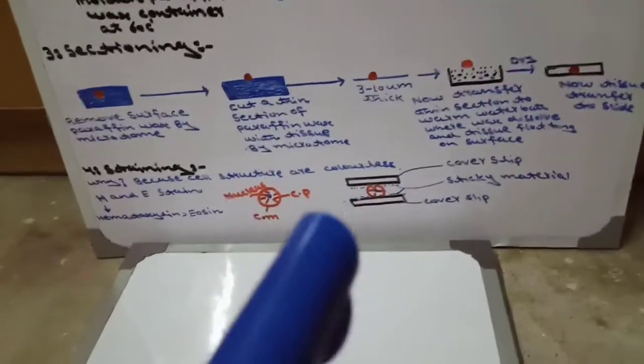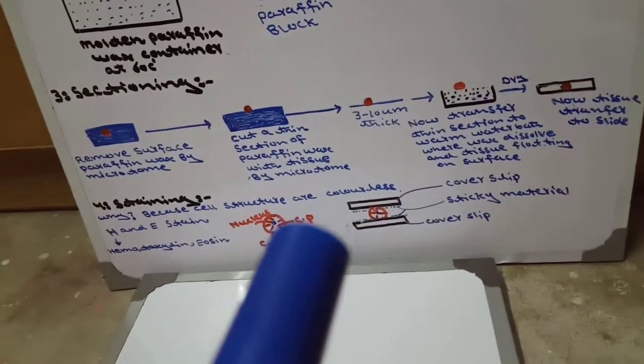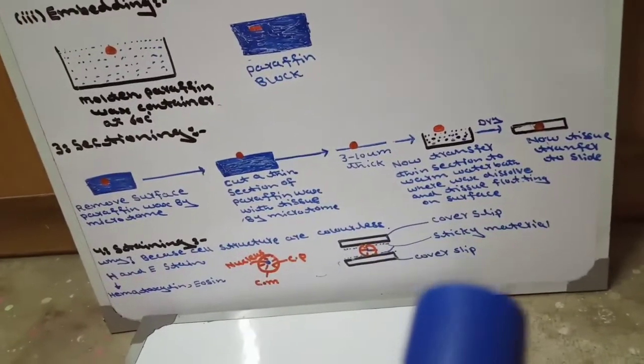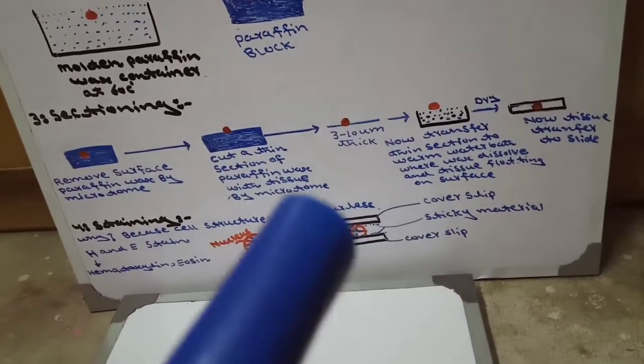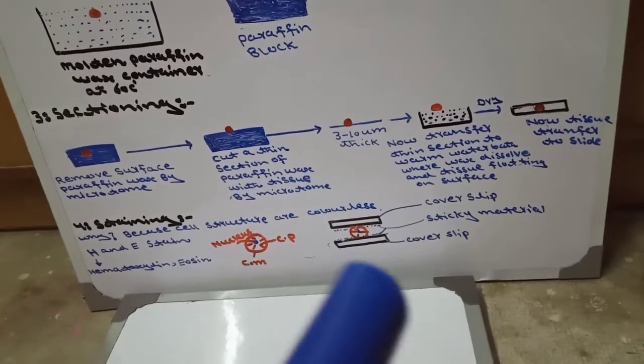After that in staining, we place this tissue under a cover slip. This is the cover slip, which is shown in black.